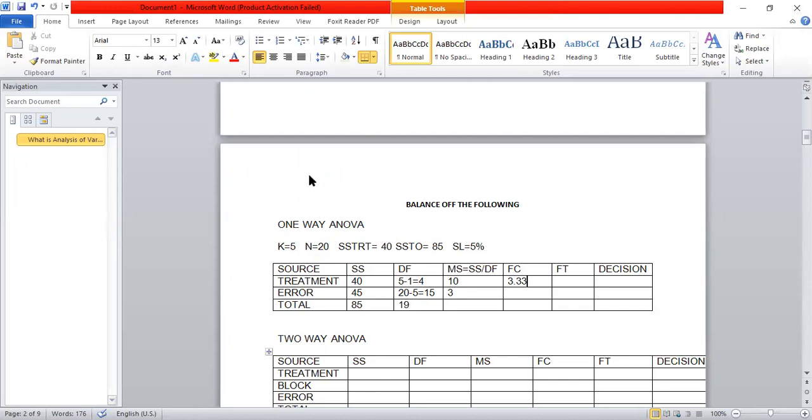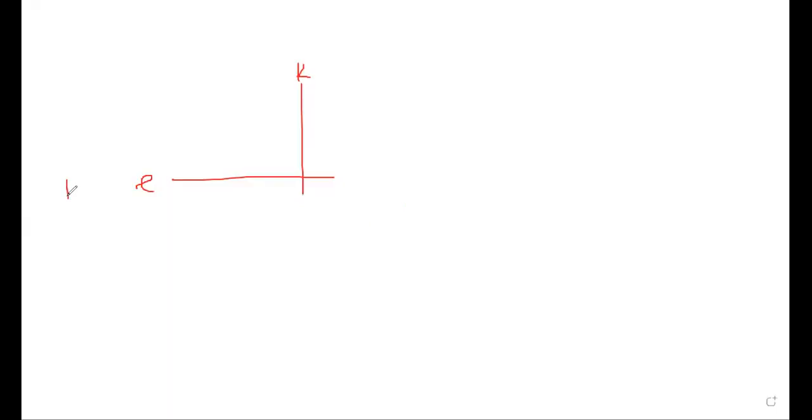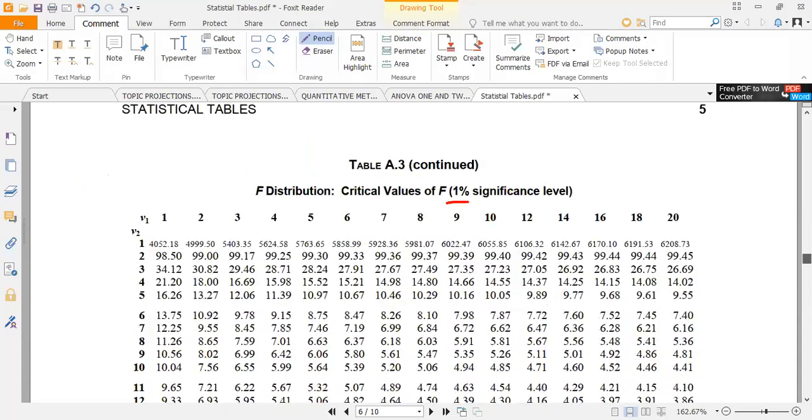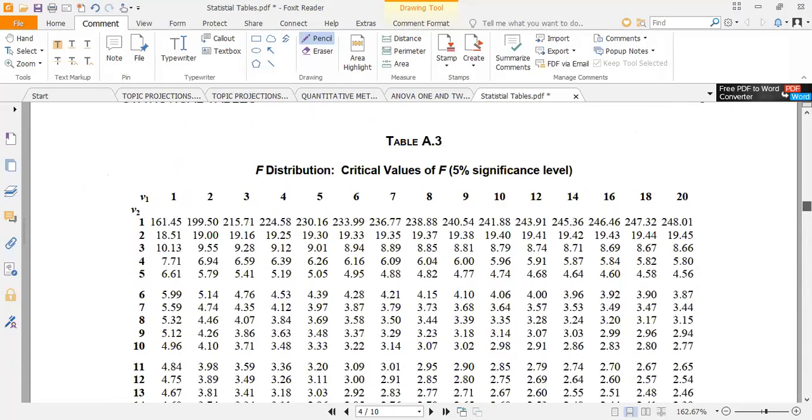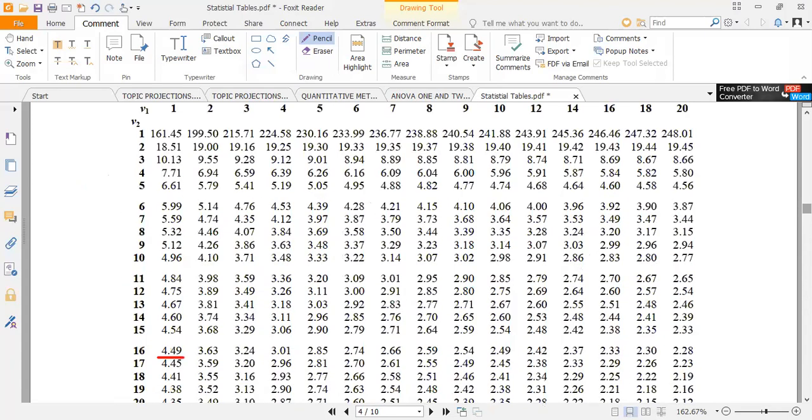I said from the error, we check under what? 15. Then here, under what? 4. Where they meet, under 5%. So here you check under what? 15.